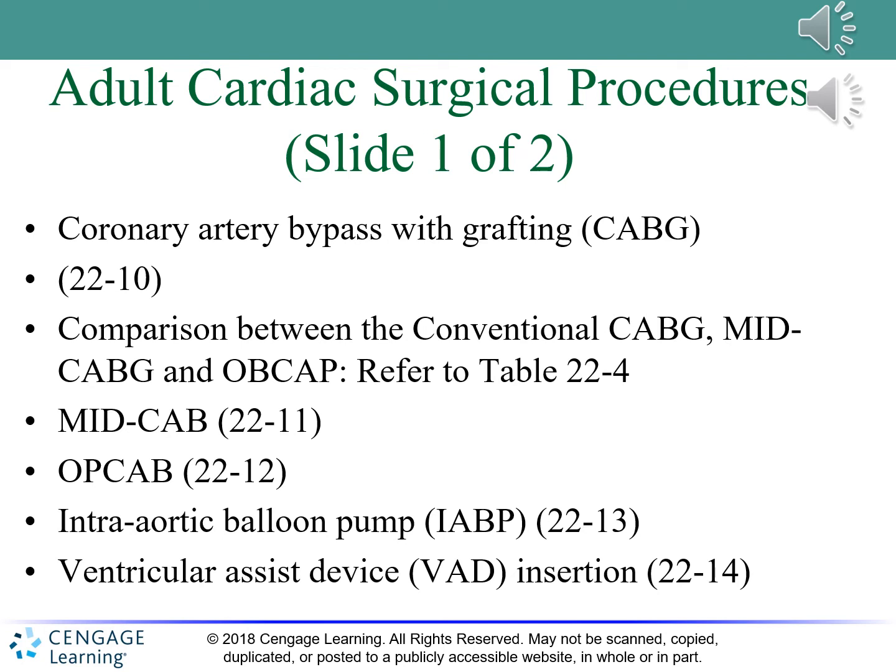Okay, so under the preoperative preparation, that third bullet, there are some sub-bullets, and I told you we're going to talk about this a little bit. That second sub-bullet, a Swan-Ganz pulmonary artery catheter that indirectly measures left atrial and left ventricular pressures by assessing right atrial, right ventricular, and pulmonary artery wedge pressures.